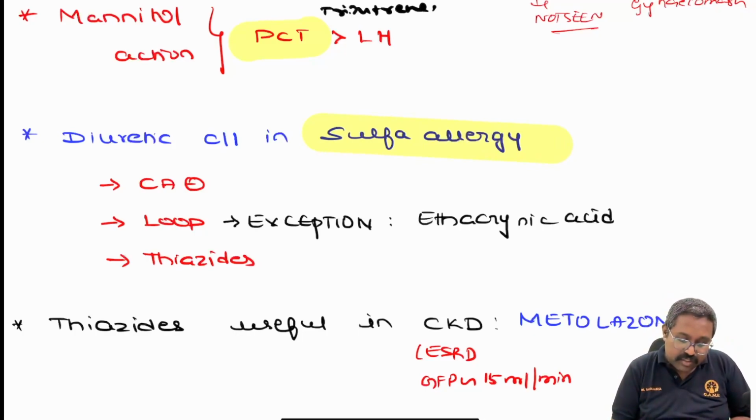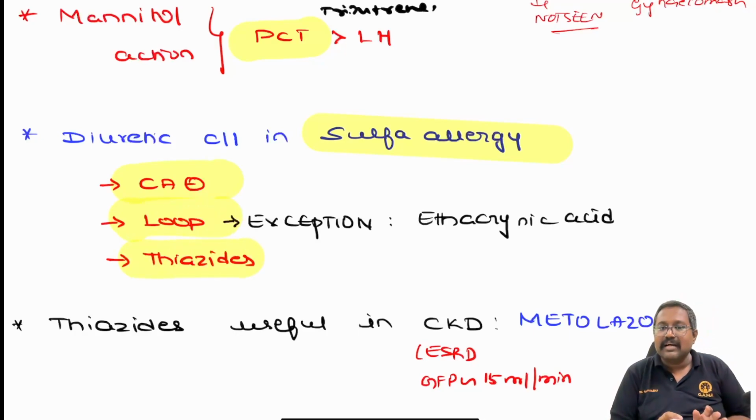The contraindicated diuretics are the carbonic anhydrase inhibitors, loop diuretics, and thiazides. All this group of drugs have a sulfur group in the drug, so they can contribute to the sulfur allergy.